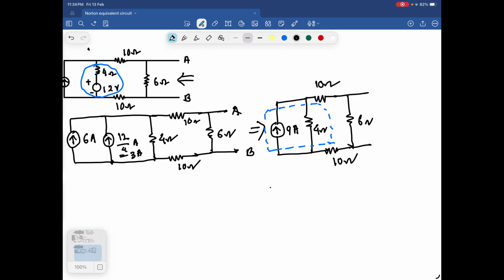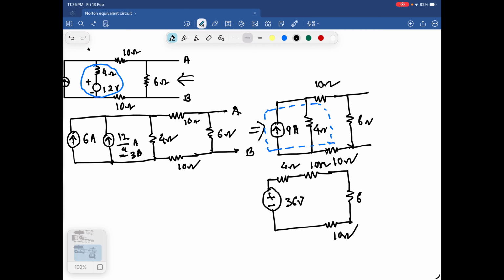This will be how much? This will be one voltage source of 9 into 4, that is 36 volt. And this 4 ohm will be in series. So this is 10 ohm, this is 10 ohm, and this is your 6 ohms.